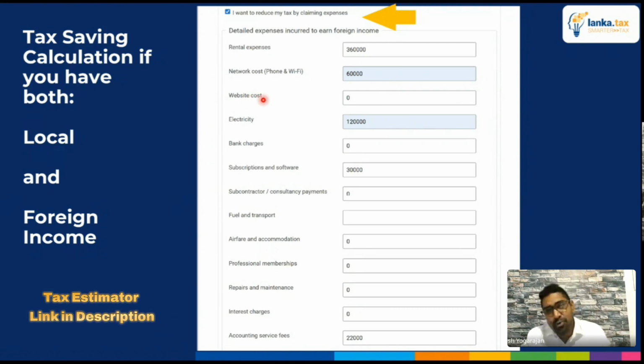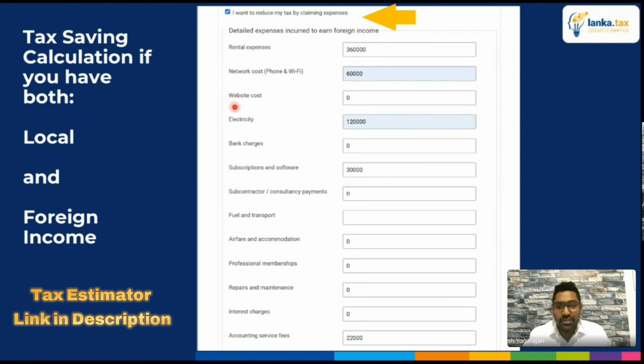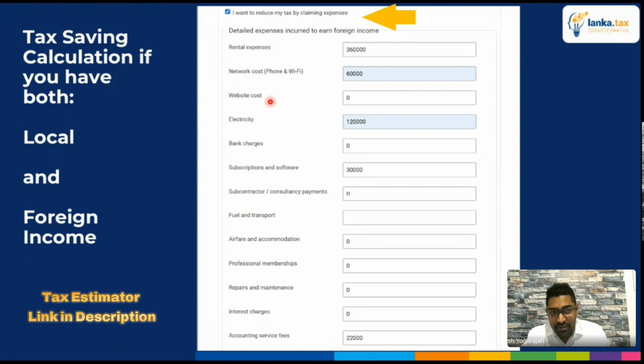Right. So I won't bore you showing you how good I am at my multiplication tables. Instead, I'm just going to tell you, read these expenses through, right? Website cost, electricity, bank charges, subscription and software. So 2,500 rupees a month I have used here.